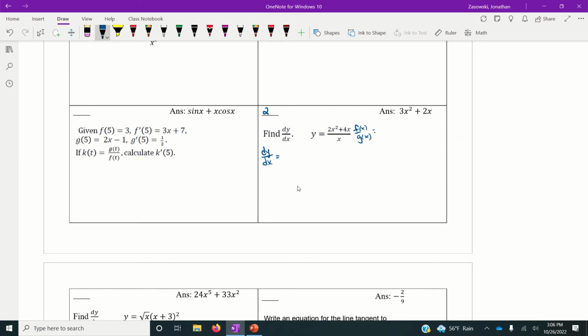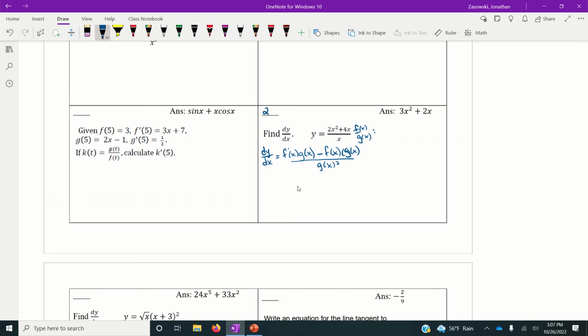When we do the derivative, we're going to do the derivative of the top, f prime of x, times the bottom, minus the derivative of the bottom times the top, so the top, f of x, times the derivative of the bottom. I wrote 1 because that is the derivative, but it should be times g of x, and then this whole thing is over the bottom squared.